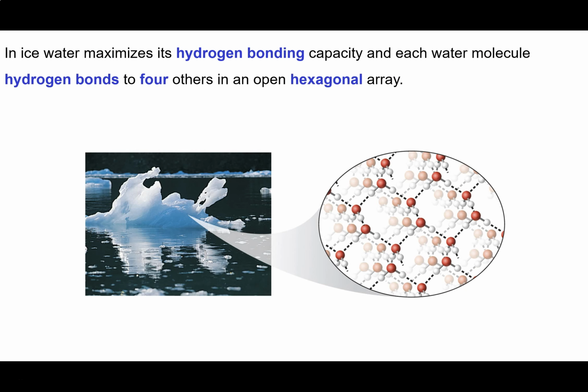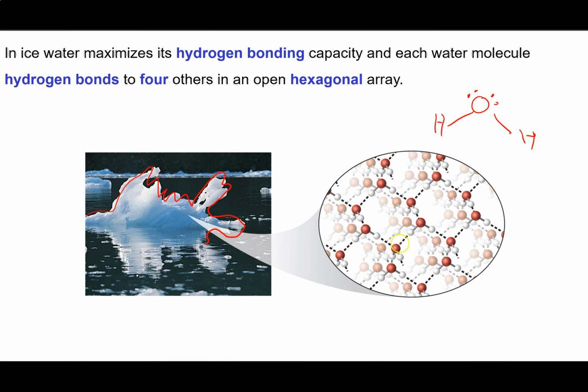So why does this happen? Well, when we cool the water down to its freezing point, everything slows down, and the atoms and the molecules are able to maximize their hydrogen bonding capacity. And if you recall, the oxygen atom in water is sp3 hybridized, so that means that it has tetrahedral geometry, and so we're going to end up with a tetrahedral geometry around each water molecule.